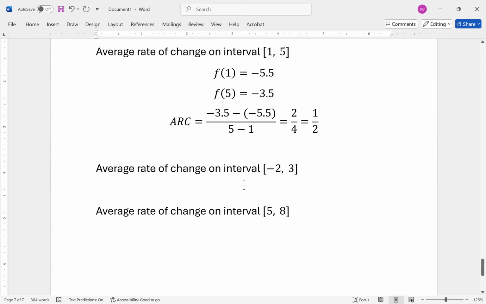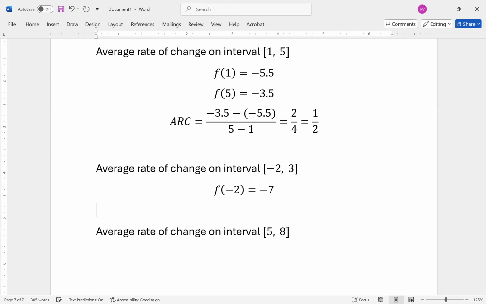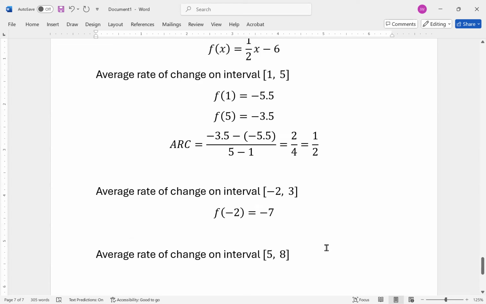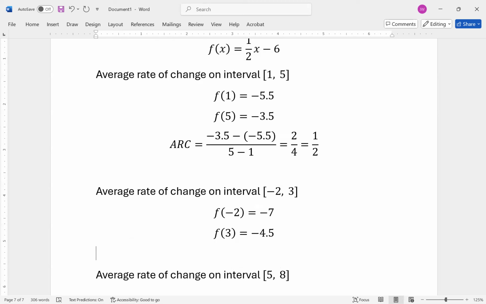Let's move on to the next one. When I plug in a -2 into my function f, I end up getting an output of -7. Again, you can calculate that on your own, or you can just trust me, or you can graph the function. When we plug in an x value of 3 into the function, we end up with a negative 4.5 as the corresponding y value.